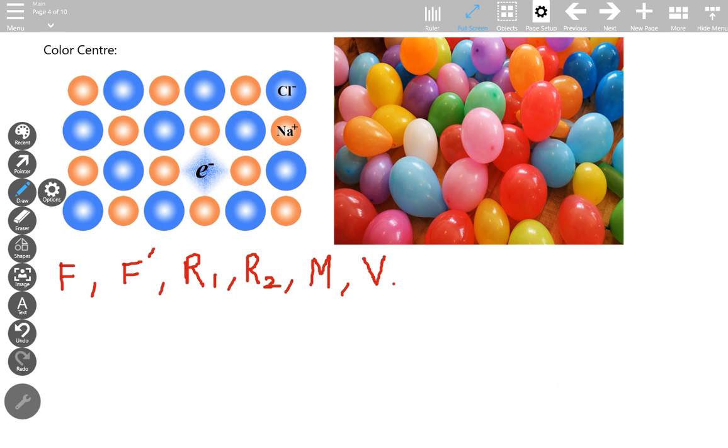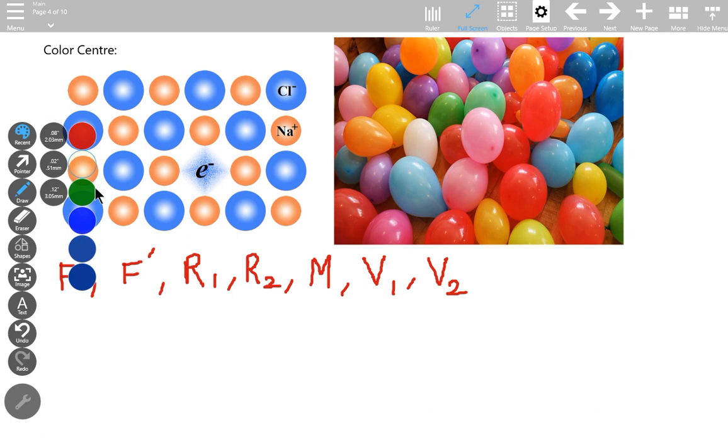V center is further classified as V1 and V2. These are different kinds of color center which are classified according to the mechanism happening inside the atom. So that we are going to see next. What is meant by F, R1, R2, M, V1, V2, etc.